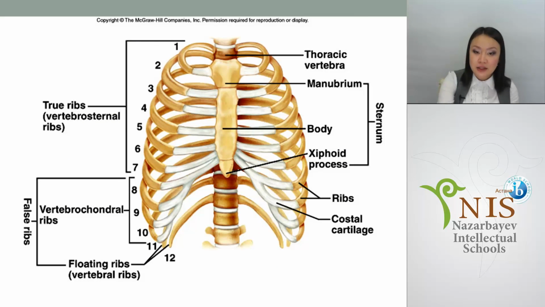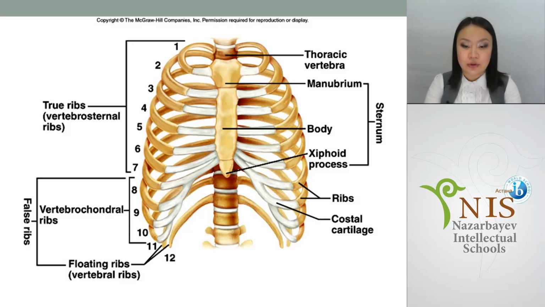Rib cage, here you could see the basic structure of the rib cage. It consists of ribs and sternum, and also the spinal cord.